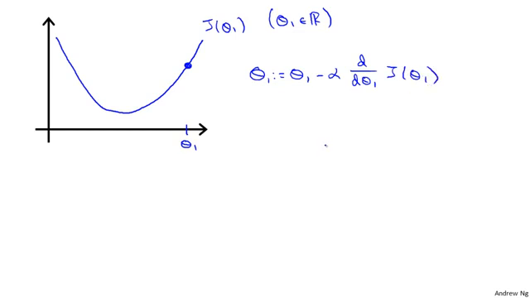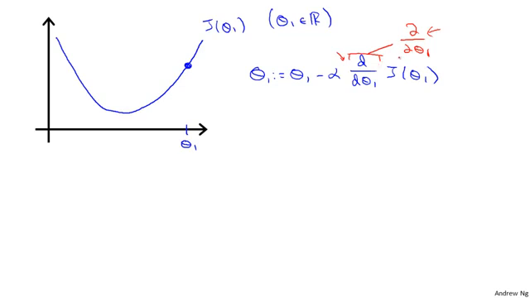And as an aside, if you're wondering why I changed the notation from these partial derivative symbols, and you don't know the difference between these partial derivative symbols and the d/d theta, don't worry about it. Technically, in mathematics, we call this a partial derivative and this a derivative, depending on the number of parameters in the function J. But that's a mathematical technicality.